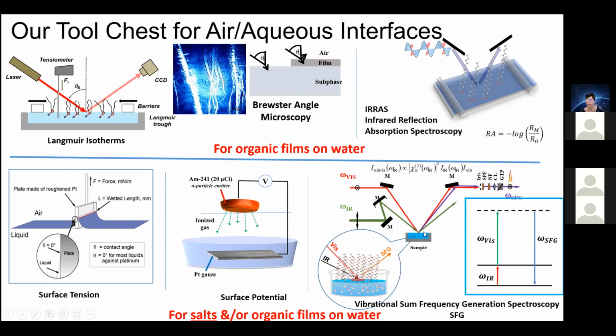First of all, you're looking at where the overlap is on the sample, but you also have the selection rule that you generate sum frequency photons from regions where there's a lack of inversion symmetry. So by nature, that is the air-water interface, or any interface, any change of phase would be a lack of inversion center. But also if you have structure within the interface, like an electrical double layer, that also qualifies.